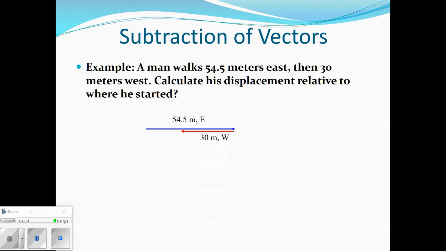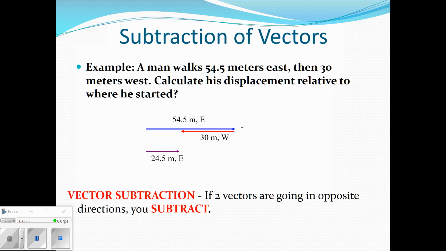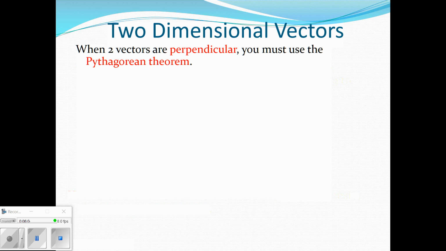And now I'm going to draw my resultant vector from the tail of my first to the tip of my last. I've displaced it a little bit down below so you can see better. But you can see the magnitude and the direction gives us 24.5 meters, and that's east. So when you have two vectors going in opposite directions, the magnitude is always determined by subtracting their magnitudes.